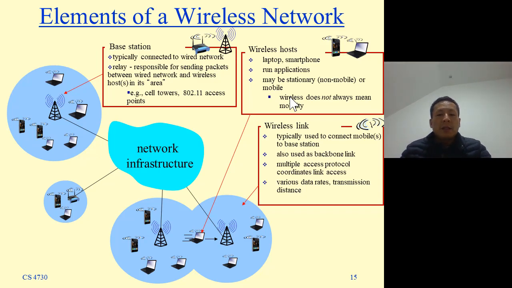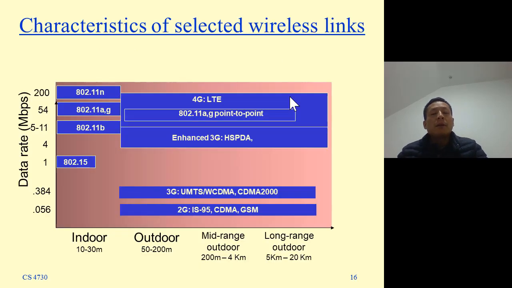And for wireless links, because it's open access, you need to compete with the other devices and mobile stations to get access. They have to share access with each other, so they need MAC protocols to make it happen, which we already discussed some.